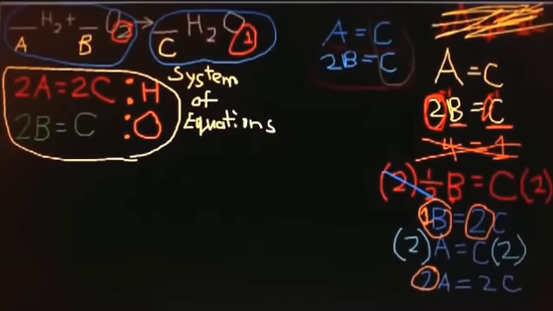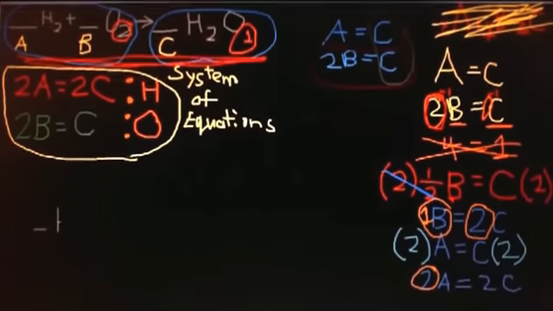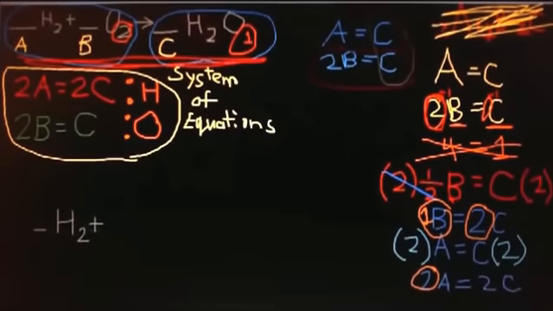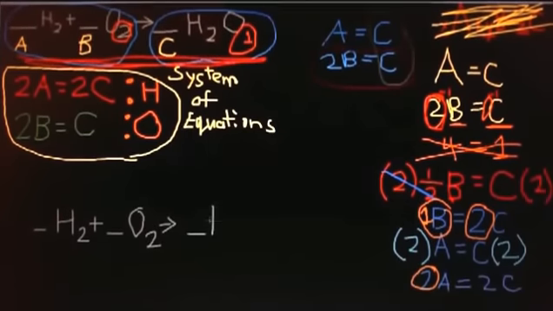So if you put these coefficients in for their corresponding coefficients in the original equation, this is the original equation in case you've forgotten, because I know this is a long video, then we'll get, let me just rewrite the equation, something H2 plus something O2 produces some amount of H2O.